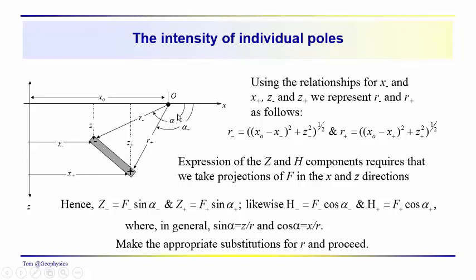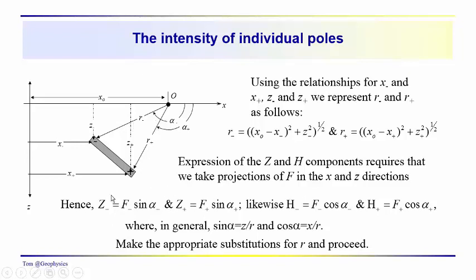We also have to consider these angles: the angle made with the negative pole, the angle that the observation point makes with the positive pole, because we're going to be resolving the individual components, f minus and f plus, with respect to the vertical or the horizontal.